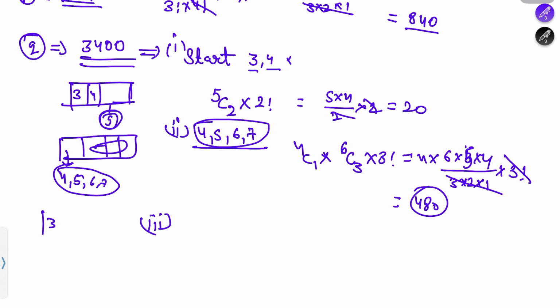The first number is already fixed, 3, and other than that, the possible numbers are 5, 6 and 7. So arrange that: first is 3C1, only one number right now, and after that 5C2 and 2 factorial.